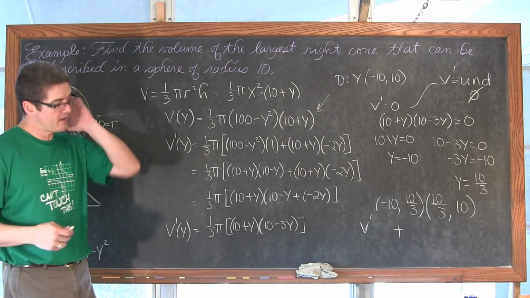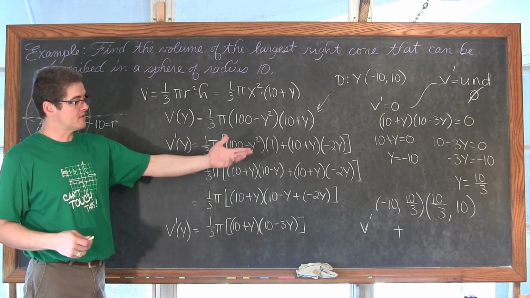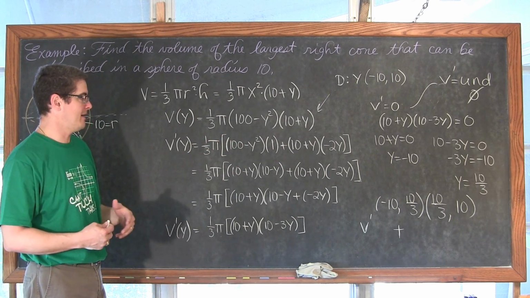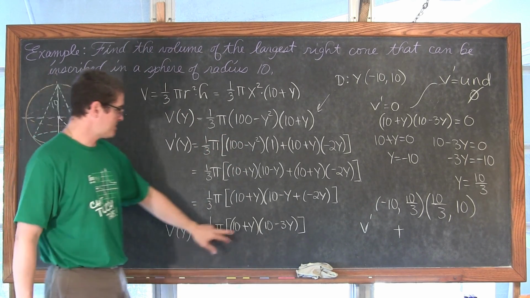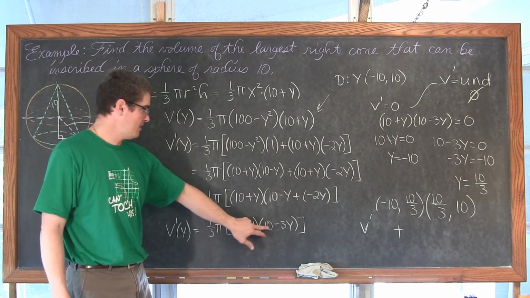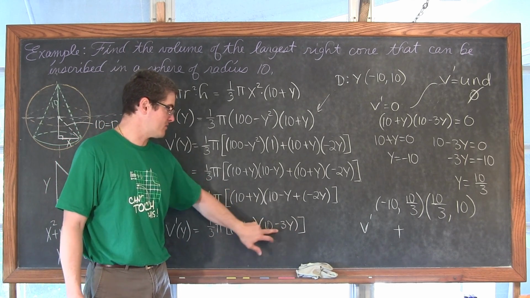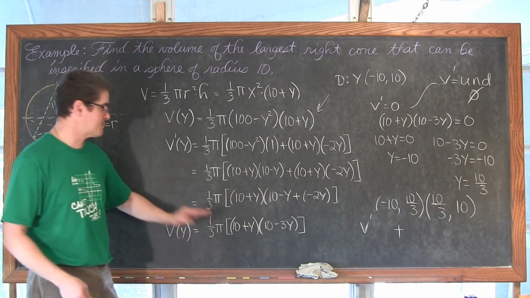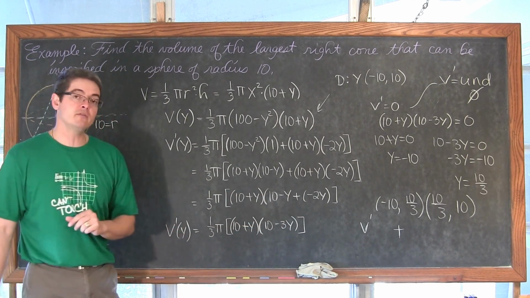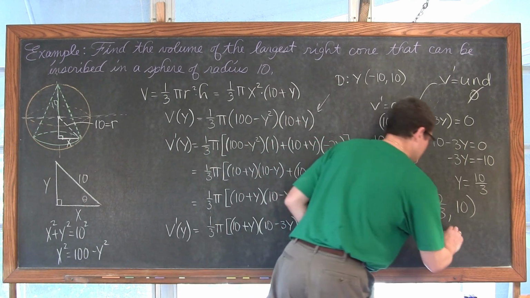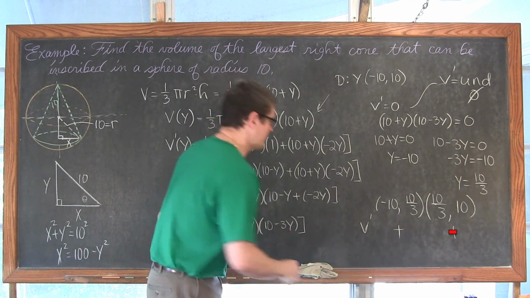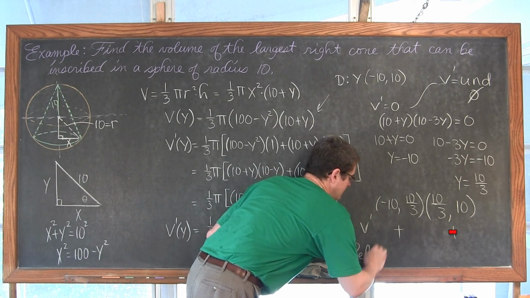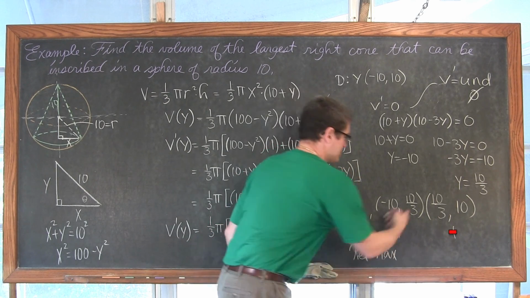Now if I plug in a value between 10/3 and 10, like 5, we have 10 plus 5, which is 15, and we have 10 minus 3 times 5, or 10 minus 15, which is a negative value. So positive times a negative, and then times positive again, means my first derivative is going to be negative in this interval, and thus we have a relative max at 10/3.